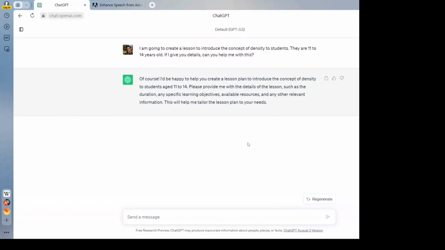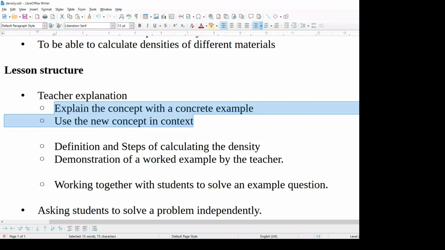Now ChatGPT knows the basic background of our task. Now let us give more details of what we want. Next, we need to find out how to explain the concept with a concrete example and use the new concept in context.